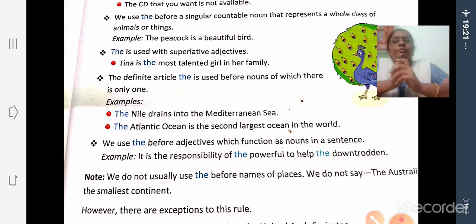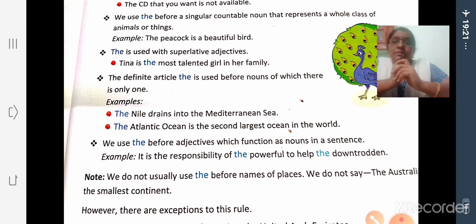Then before superlative adjectives, the is used before the superlative degree of an adjective. Tina is the most talented, most, superlative degree. That is positive, comparative and superlative degree. അഡ്ജക്റ്റീവ്സിൻ്റെ സൂപ്പർലേറ്റീവ് ഡിഗ്രിയുടെ ഫ്രണ്ടിൽ നമ്മൾ യൂസ് ചെയ്യുന്നത് the ആണ്.